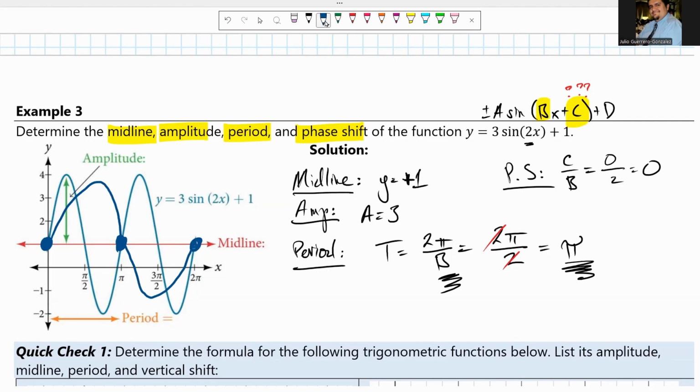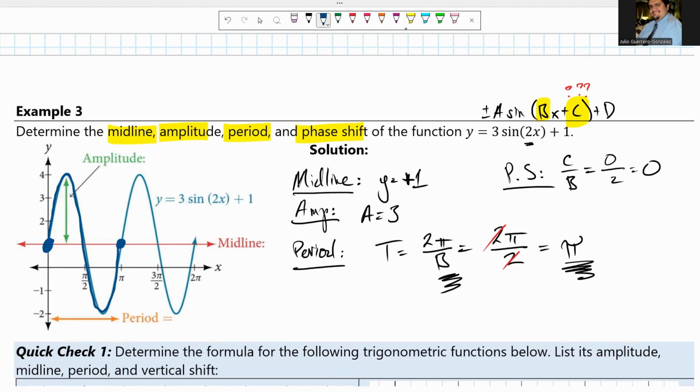The period for regular sine is 2 pi. This one has a period of pi, so it starts here but has to end here at pi. And that's exactly what happens. Here's one squiggle of this function right here.